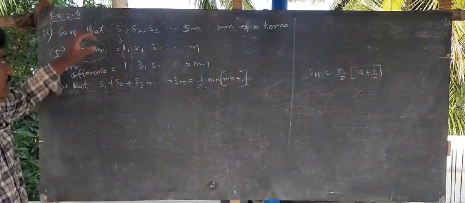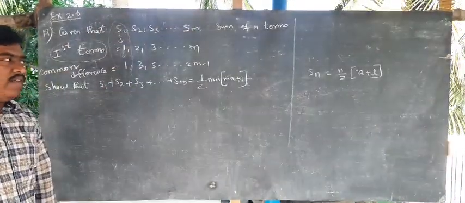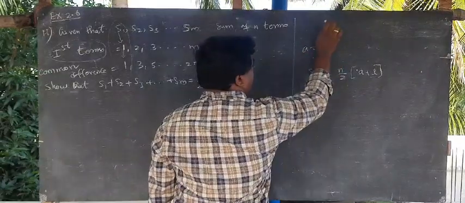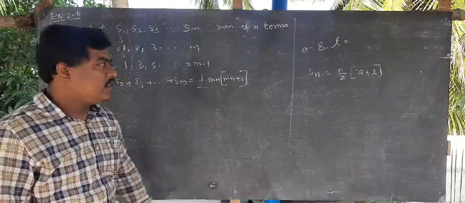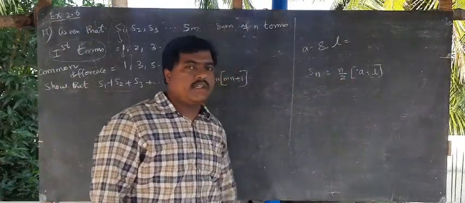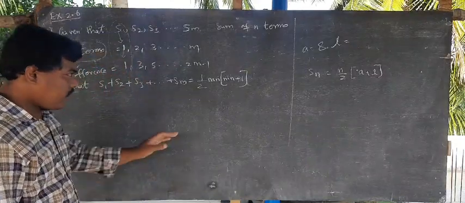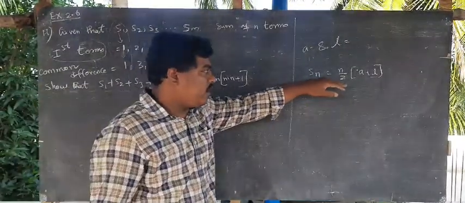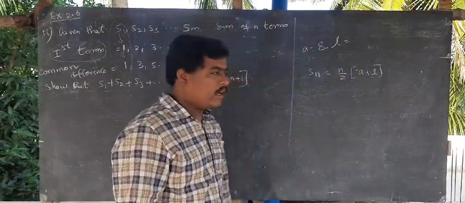Because we know the first term and last term. The first term is A, and when we know A and L we just add them and get the answer. So, in this formula only we need to use. We need A and L. What is N?